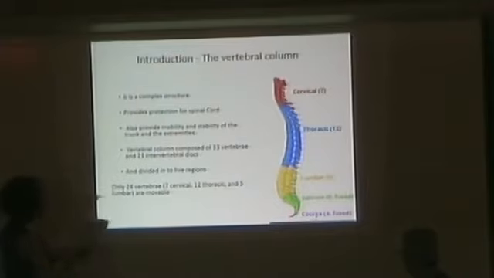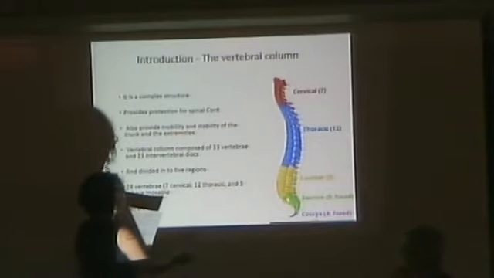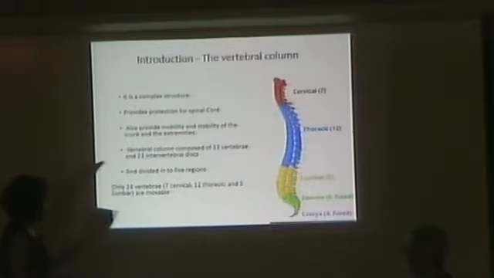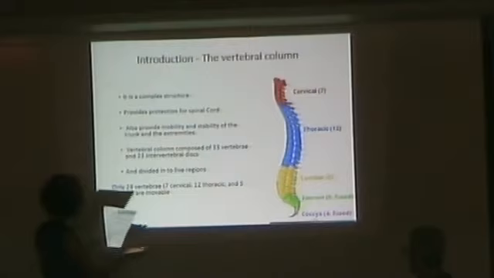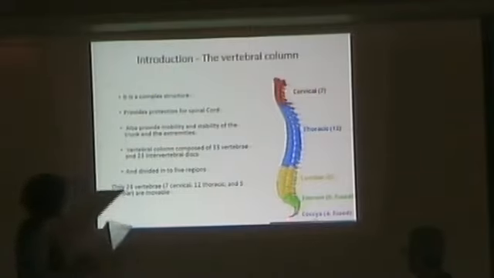But only 24 vertebrae, 7 cervical, 12 thoracic, and 5 lumbar, are movable. And they give the vertebral column considerable flexibility. In adults, the 5 sacral vertebrae are fused together to form the sacrum, and the 4 coccygeal vertebrae fuse together to form the coccyx.